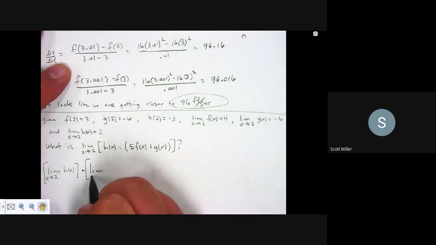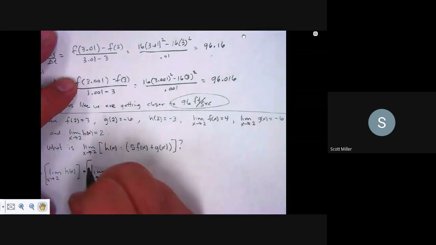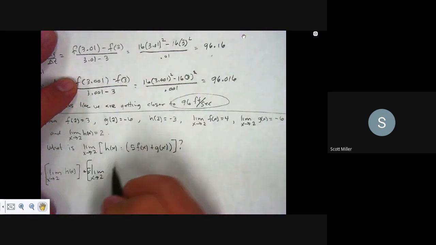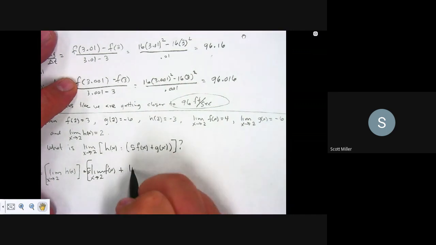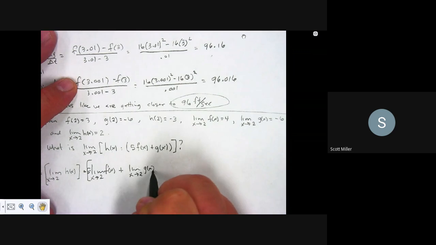So this would be the limit as x approaches 2. I forgot my 5 here, because it's a constant, so I can put it in front. So it would be 5 times the limit of f of x plus the limit as x approaches 2 of g of x.